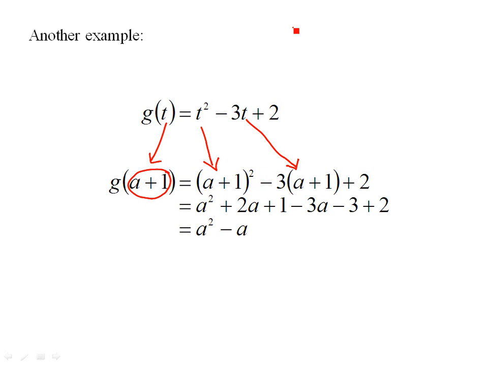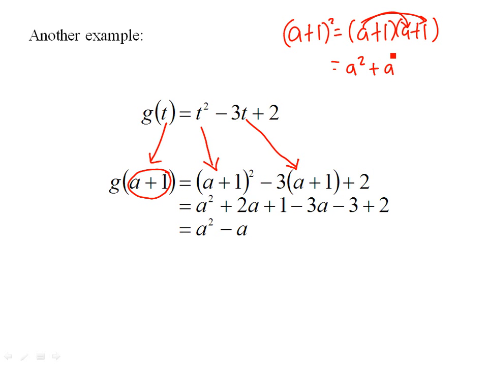Remember that a plus 1 squared has to be written twice and then foiled. So a times a here is a squared. A times 1 is a. 1 times a is a again, and 1 times 1 is 1. Therefore, you get a squared plus 2a plus 1.